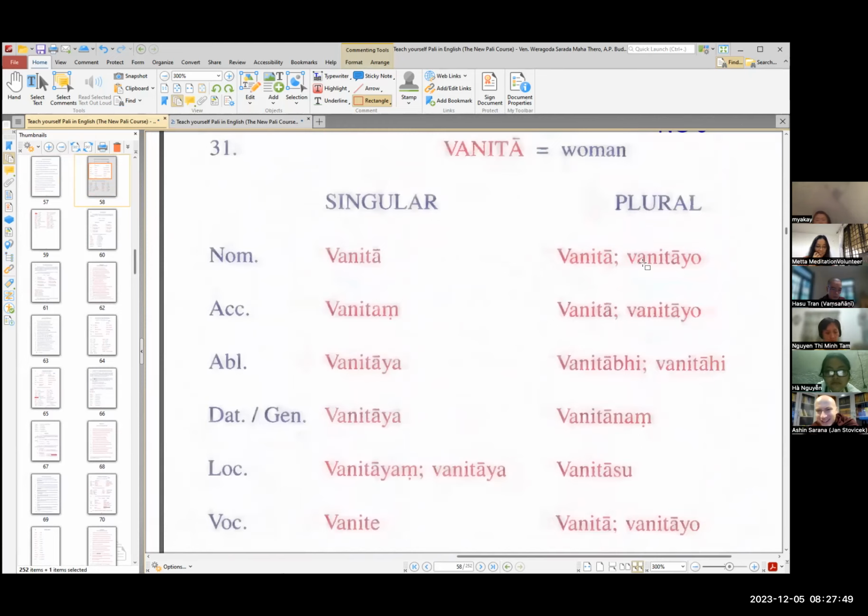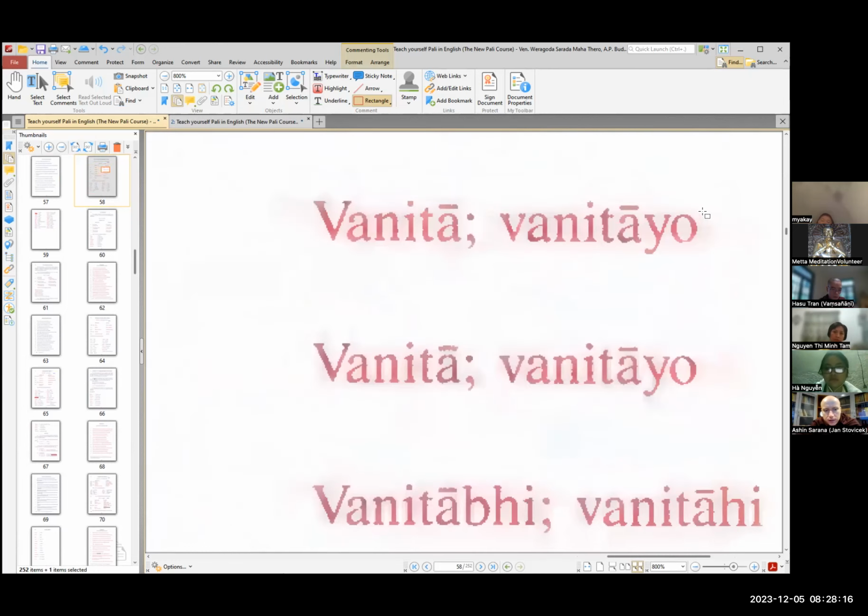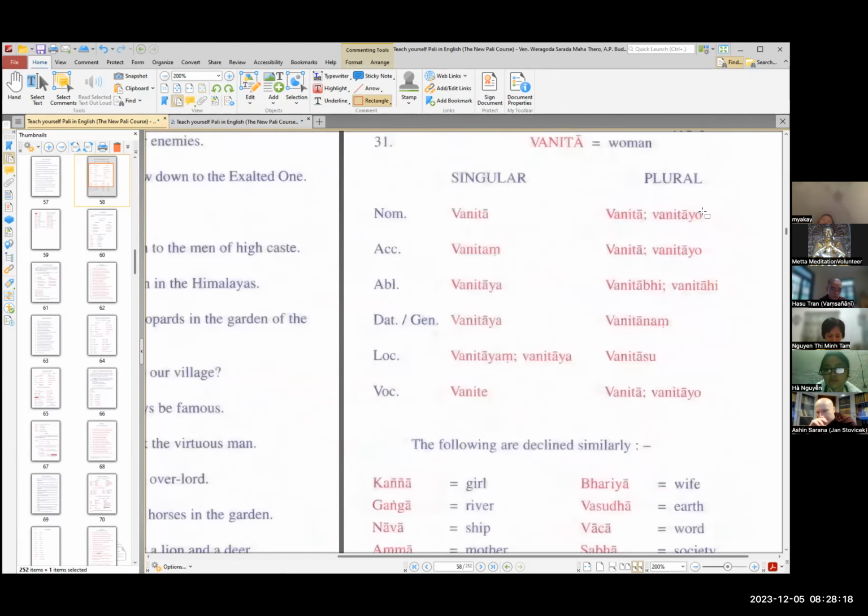If you buy a tusk and if you buy an elephant, quite different. Dear Bhante, even datha, the feminine word, like in the conjugation here, we didn't find anyone ending with o at the end. Yeah, you do. Datha, dathayo. Got it? Yeah, I got it. Thank you, Bhante. Okay, any more questions?